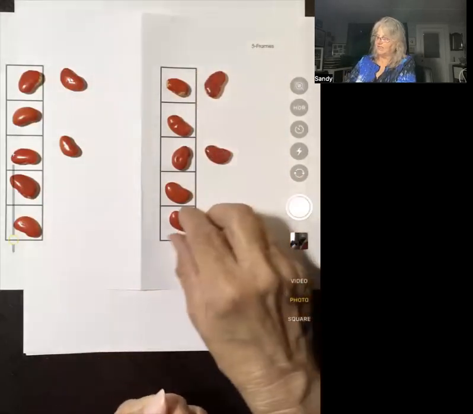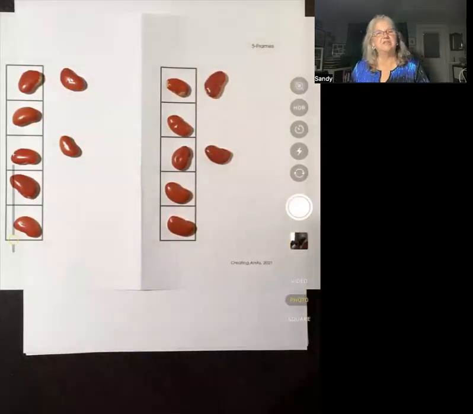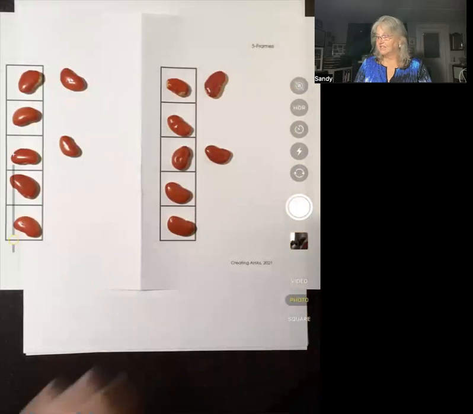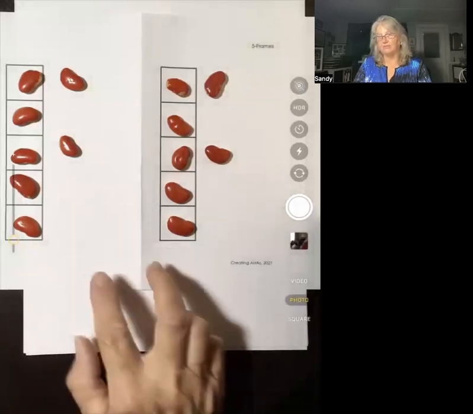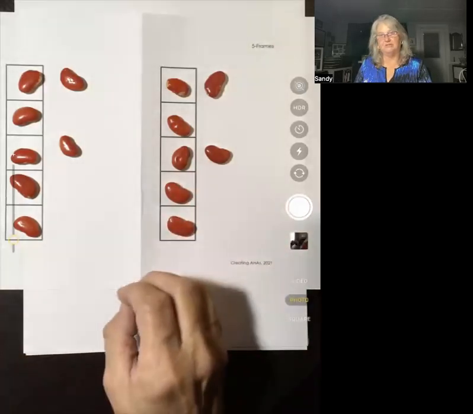But see, what this does is this lets me see a double 5 and a double 2. Now, the nice thing about double 5 and double 2, see, what is double 7? It's 14. Double 5 is 10, and we use a 10 frame also. So it'd be 2 of these come together, make 10, double 2.